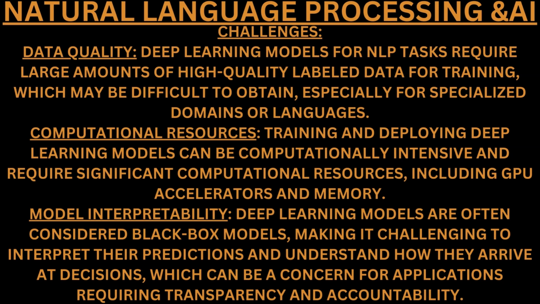Model interpretability. Deep learning models are often considered black box models, making it challenging to interpret their predictions and understand how they arrive at decisions, which can be a concern for applications requiring transparency and accountability.